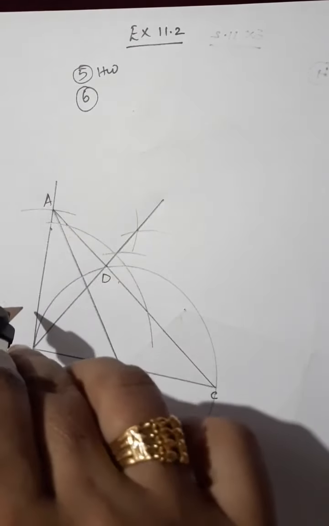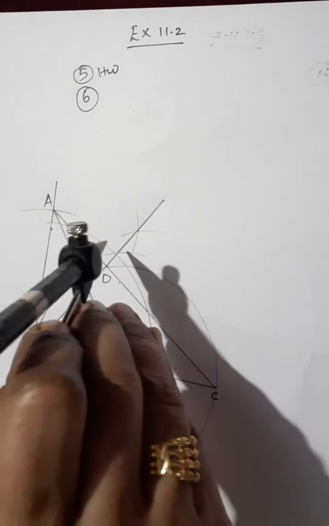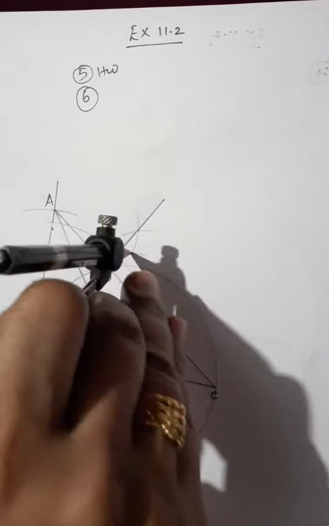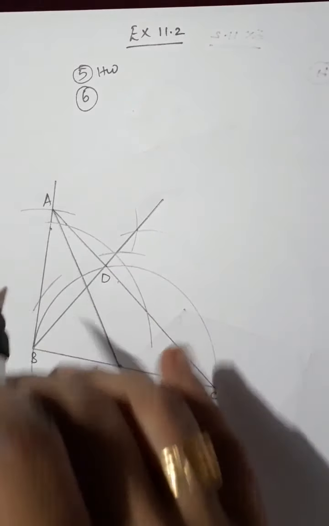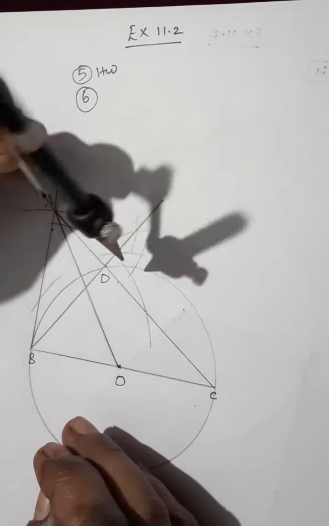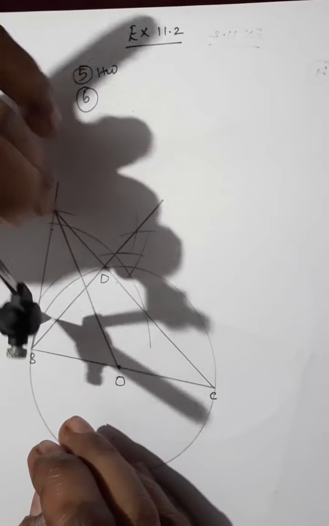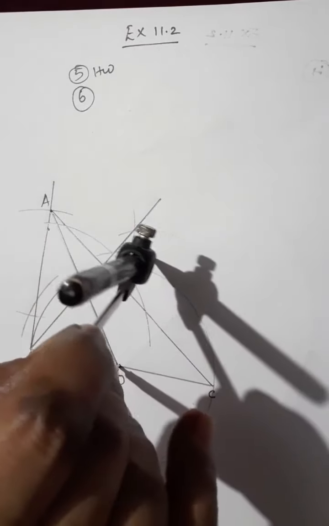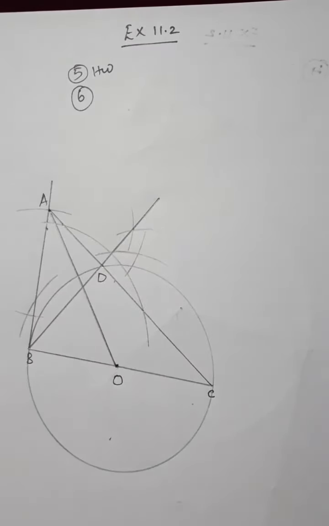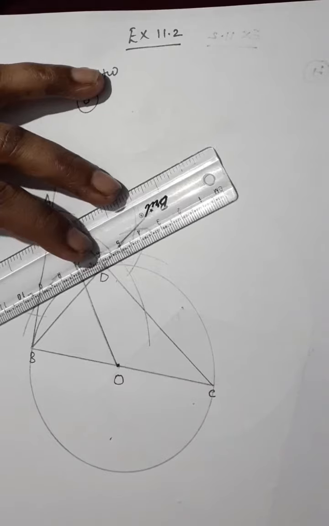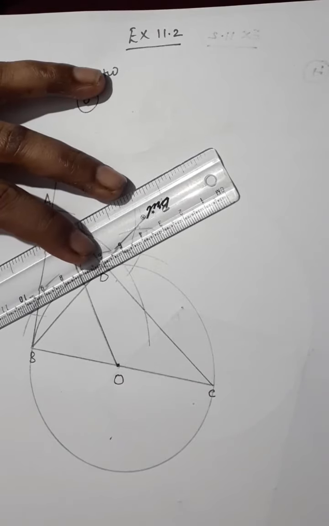So we do it this way. One, two arcs. From here also another one, two. Once again extend it. So these are the two pairs of arcs to draw the perpendicular bisector. Then join the points of intersection of these pairs of arcs to get the midpoint.